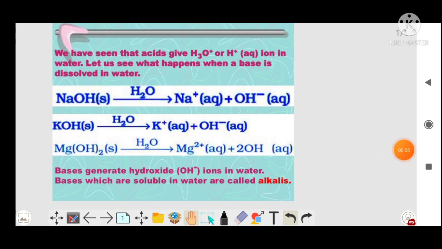Okay, we have seen that acid gives H3O plus ions or H plus ion (AQ) in water.